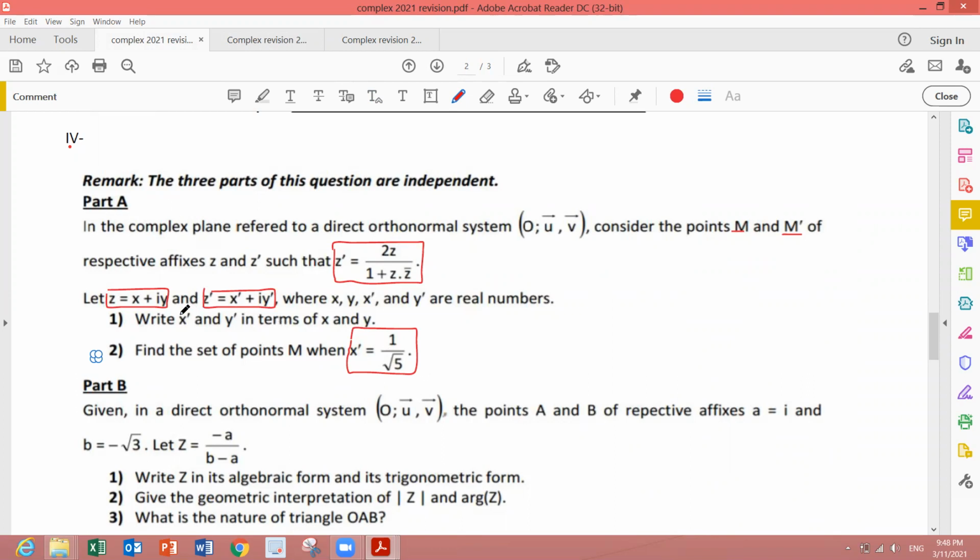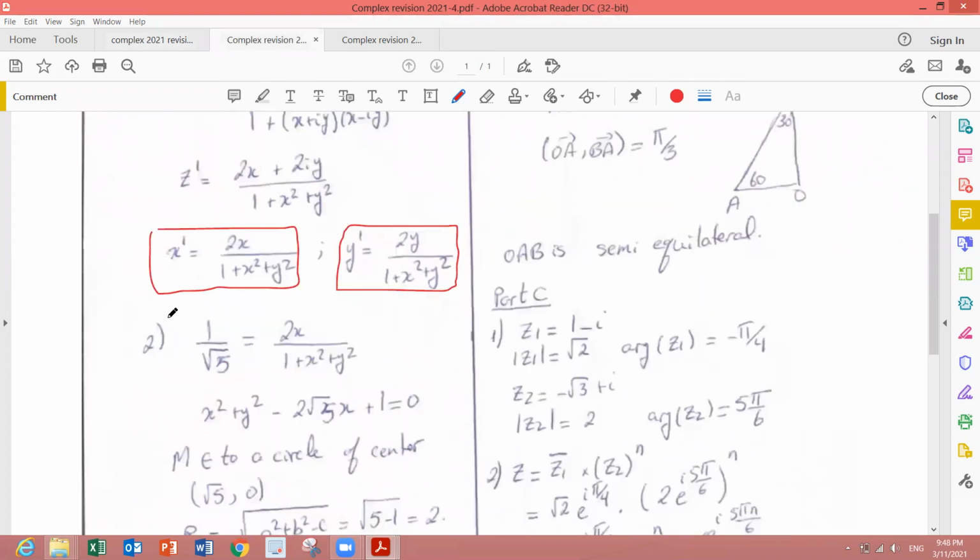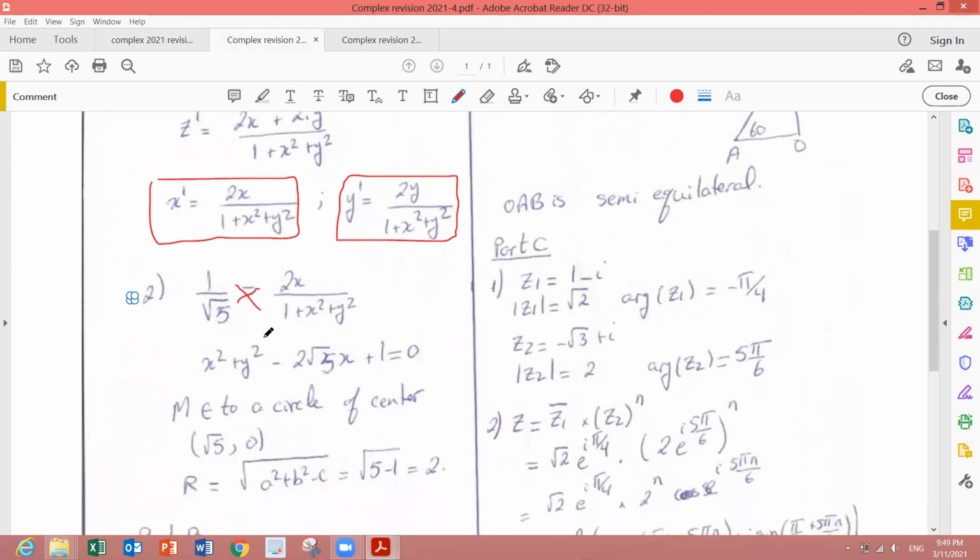So 1 over radical 5 equals X over 1 plus X squared plus Y squared. Cross multiplication: X squared plus Y squared minus 2 radical 5 X plus 1 equals 0. This is the equation of a circle.